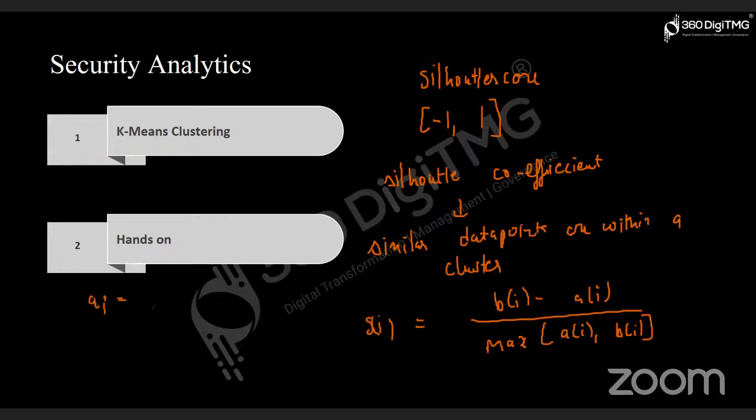So this is the average distance for a data point I and all other data points within the cluster.